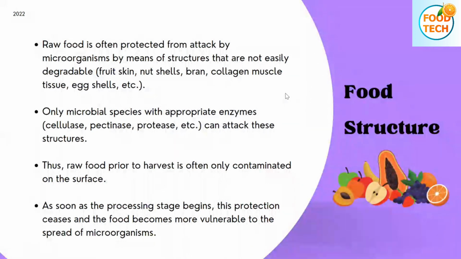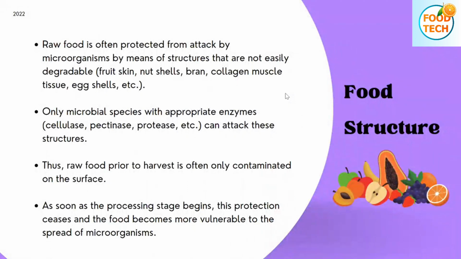Pathogens are majorly present on the surface of the skin of the food, right? But whenever there is a small cut or some damage to the food during transportation, that is when microbes get access to the inside part of the food.